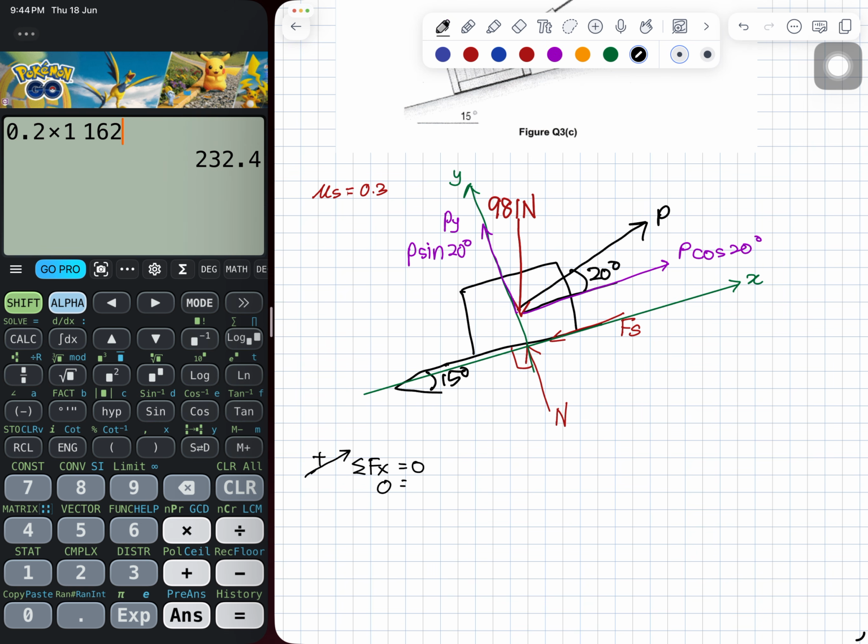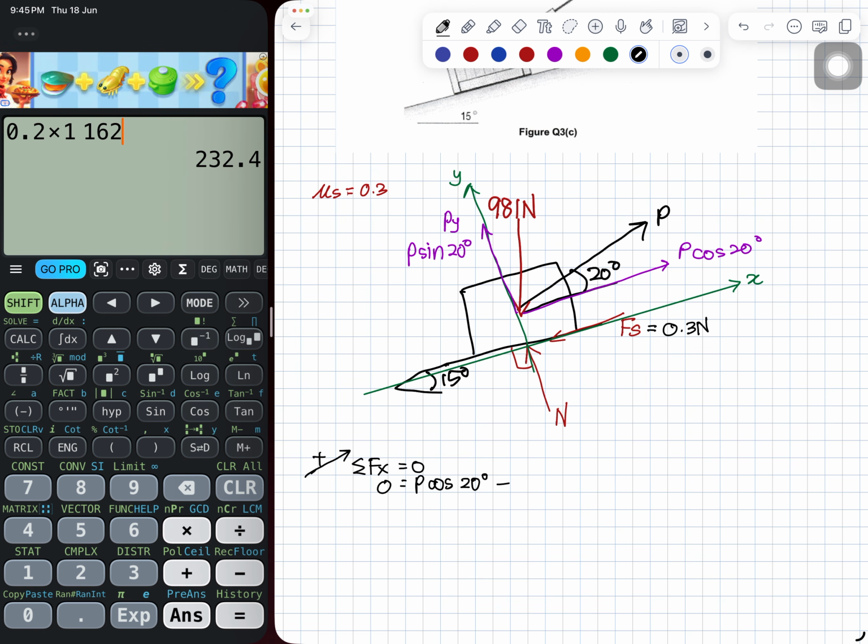So we start with P cos 20 in the x-axis, and then minus Fs, where Fs equals 0.3 N. I just translate this to 0.3 N, and then we have to subtract W here.